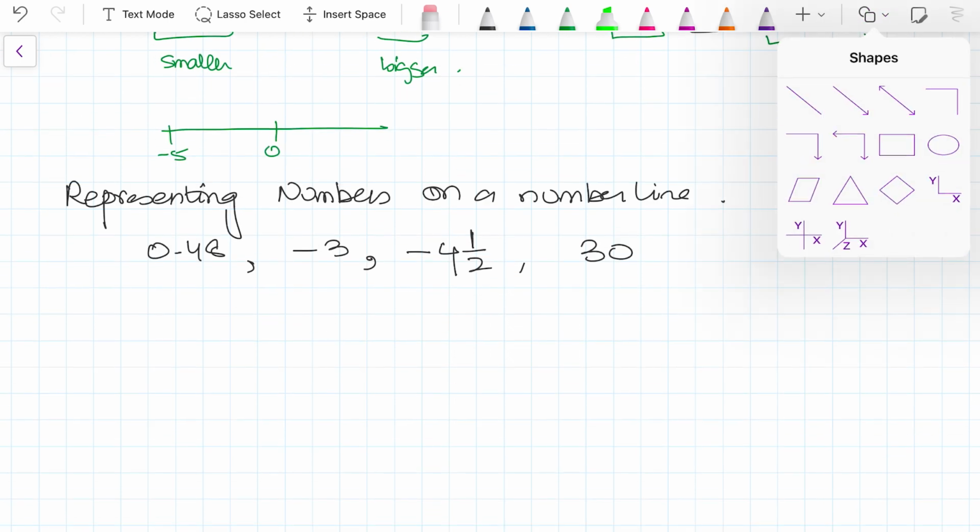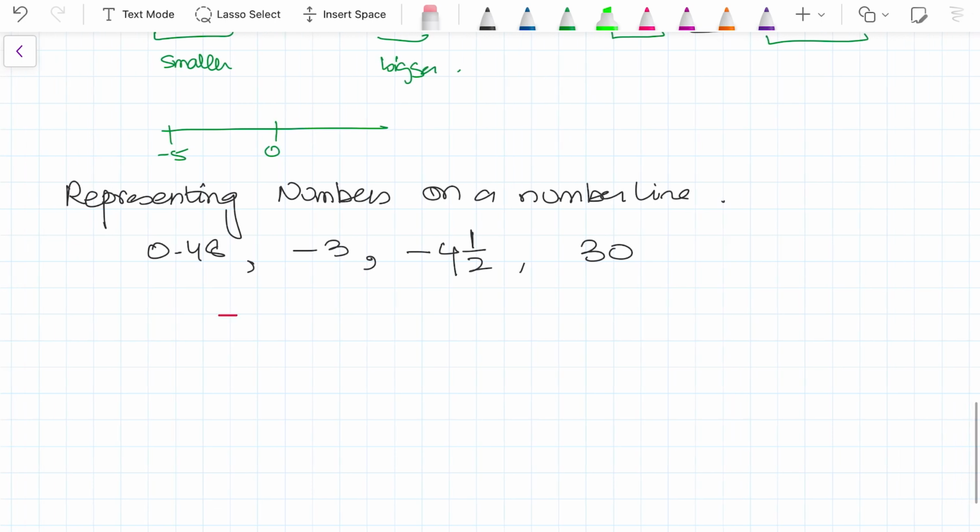Now, you know that there is a 0 in the middle. Representing numbers on a number line with such a huge variation means that you have to do relative plotting. Relative plotting means that you don't need to draw 1, 2, 3, 4, 5, 6, 7, 8. You can just do an approximate plotting in order to understand where each number will lie.